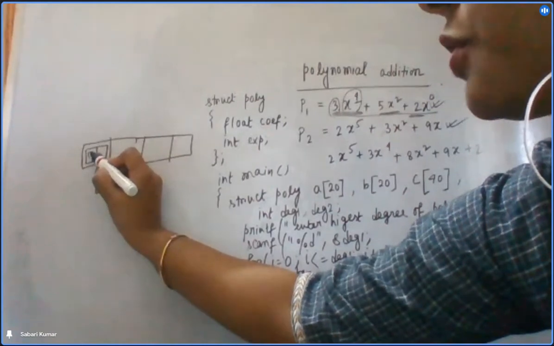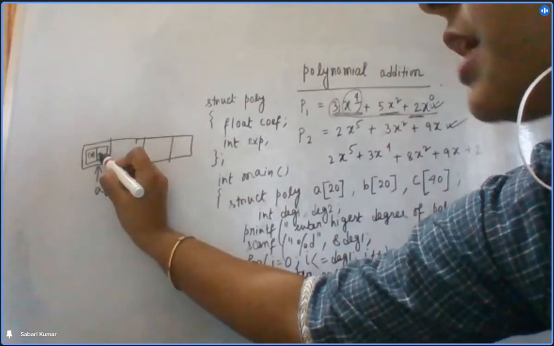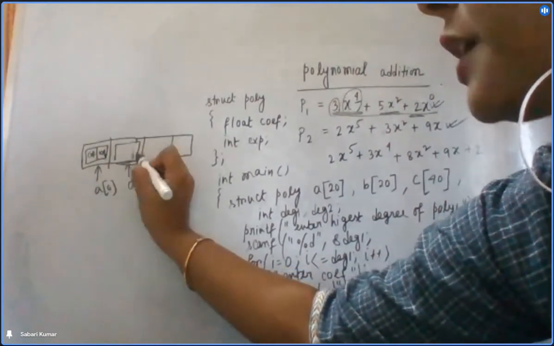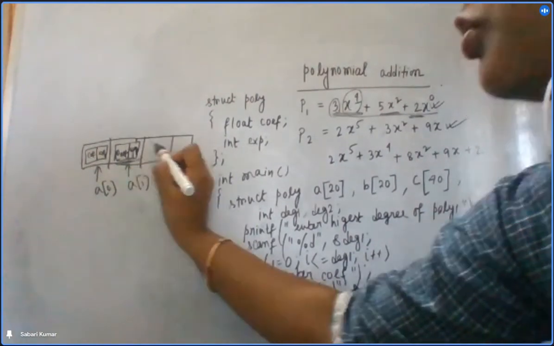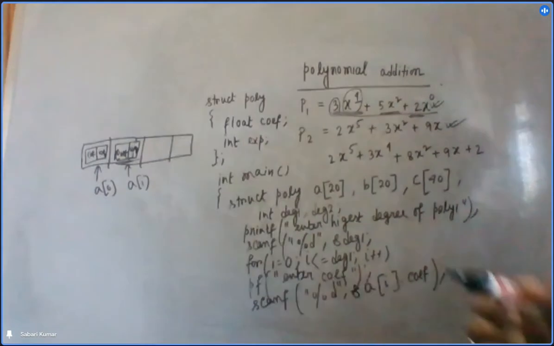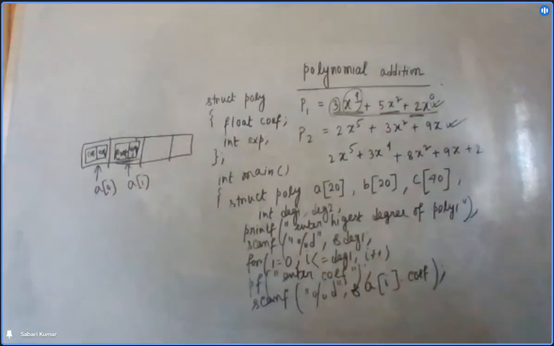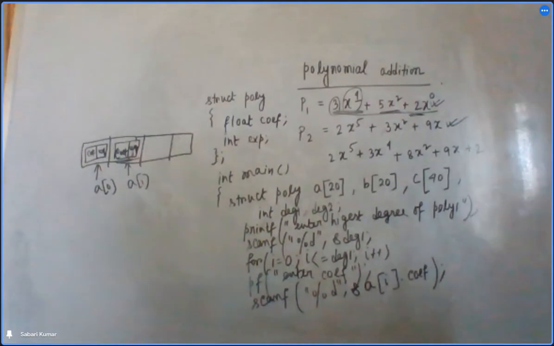First one is coefficient, second exponent. In each and every index, two parts are there because they are not normal array, they are structure type array. So all members present in this array are structure variables.